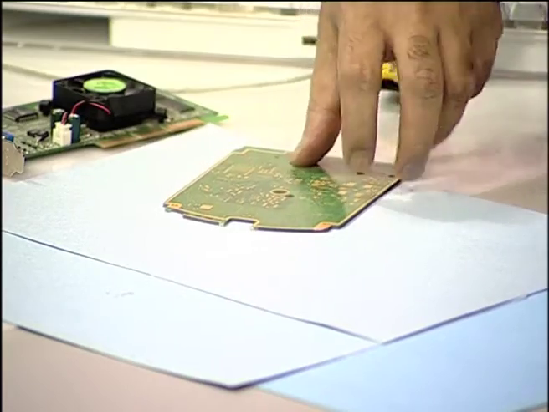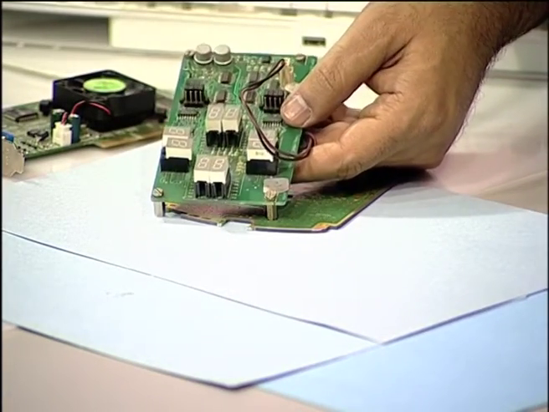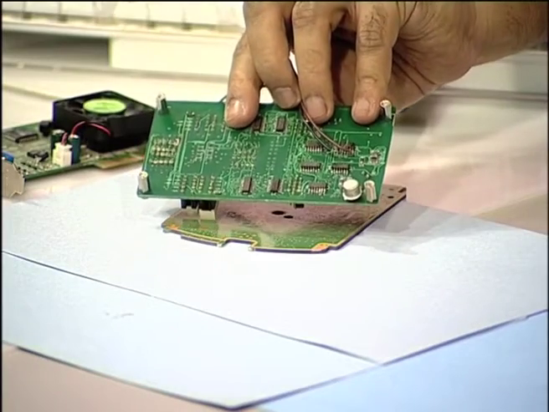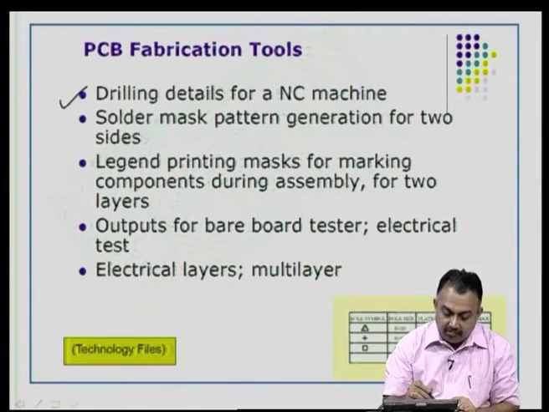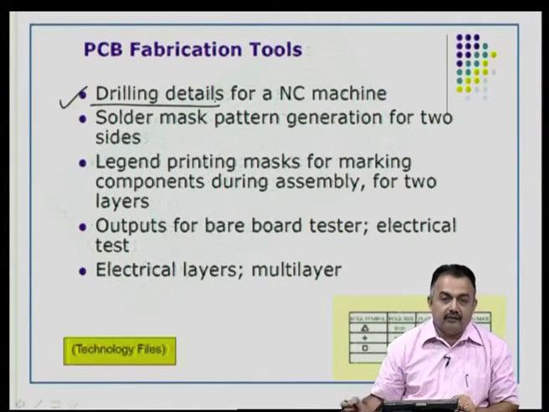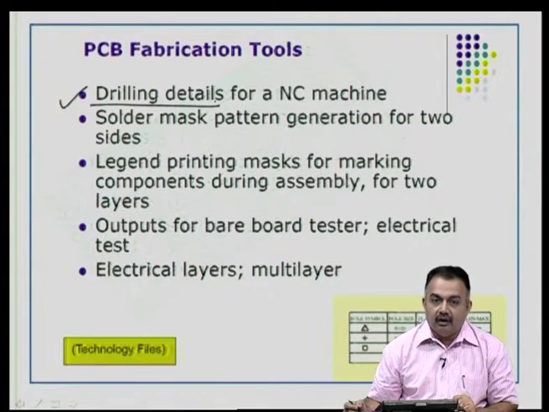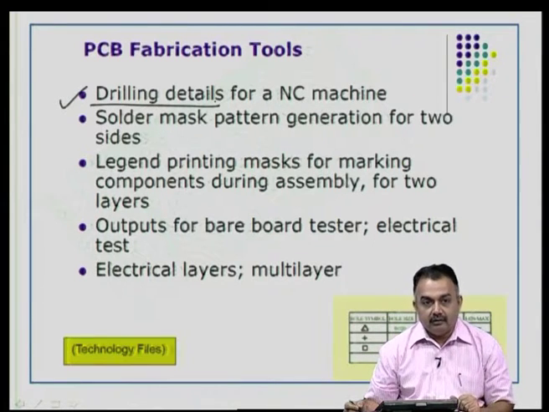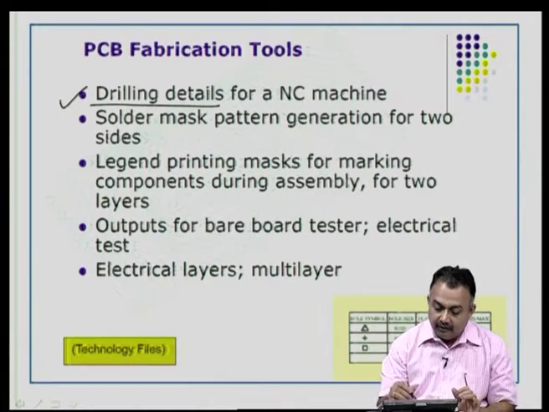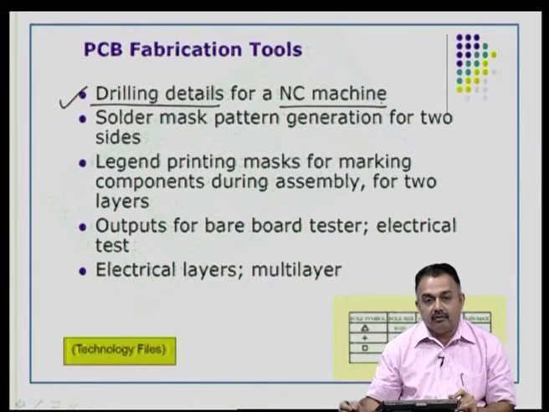Even in the case of this particular board here, there are various through hole components, because on the back side also you see assembly being done. Therefore, if it is a 2-layer board and if you have to interconnect these 2 layers, you have to create a mechanical hole, and this mechanical hole has to be made conductive. So, drilling becomes a very important step, a very essential activity for multi-layer fabrication of your designs, and the input from your CAD based on the layout that you have done will be utilized for drilling using a numerically controlled drilling machine.